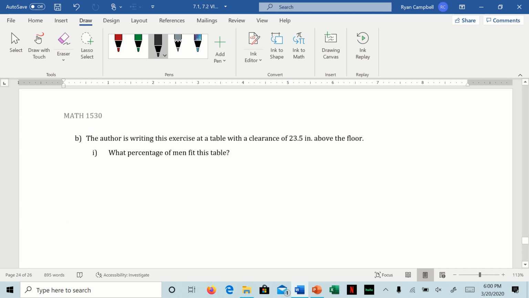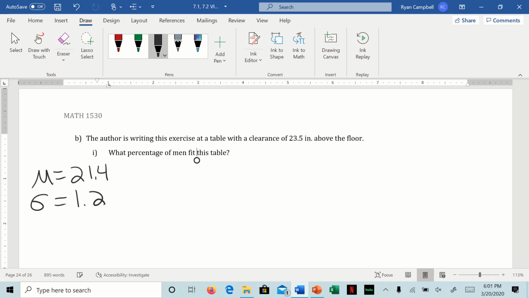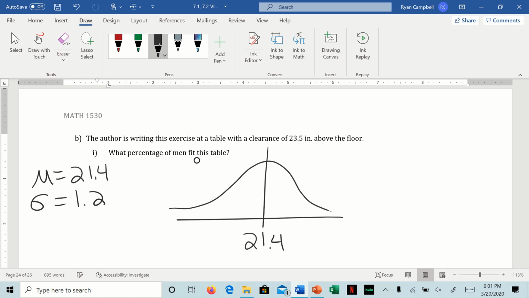All right, so the author is writing an example of a table with a clearance of 23.5 inches above the floor. So what percentage of men will fit in this table? For men, remember we said the mean was 21.4 inches and the standard deviation is 1.2 inches. So the mean goes in the center, 21.4.